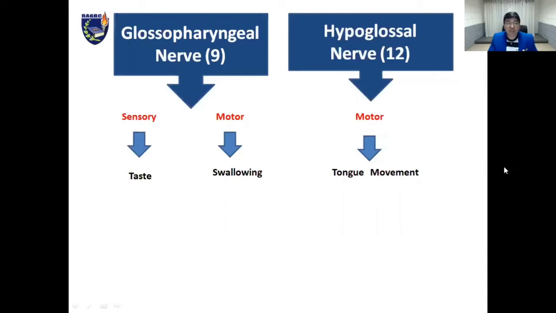It has both a sensory and motor root. The sensory root is responsible for the sense of taste in the posterior 1/3 of the tongue, and the motor root is responsible for swallowing. On the other hand, cranial nerve 12 or hypoglossal nerve is a motor nerve, and it's just responsible for tongue movement. So it's assessed by sticking the tongue out.